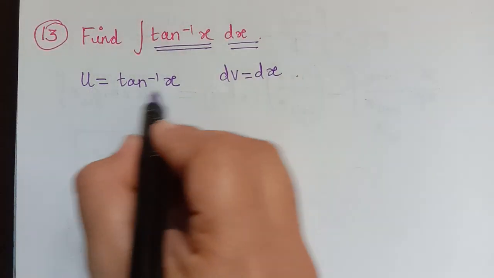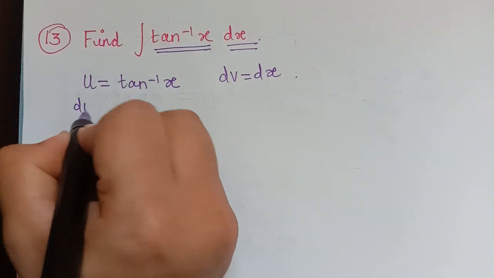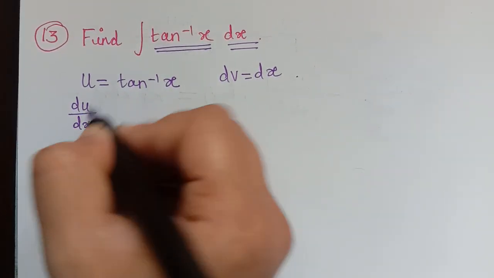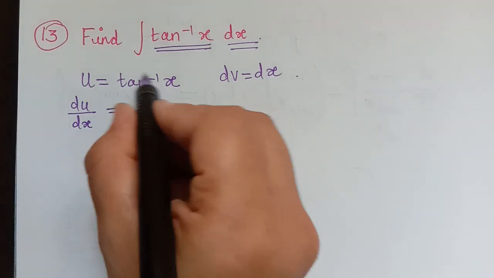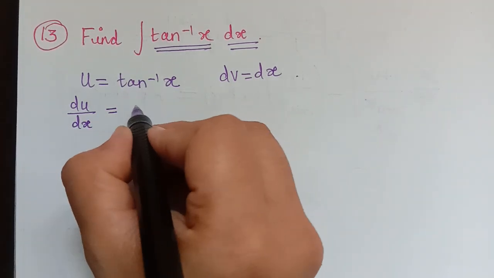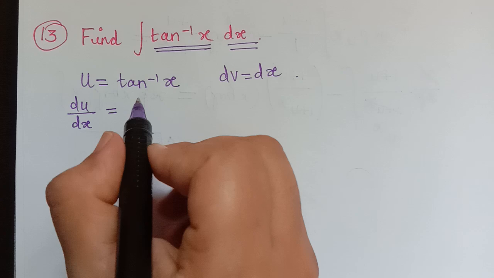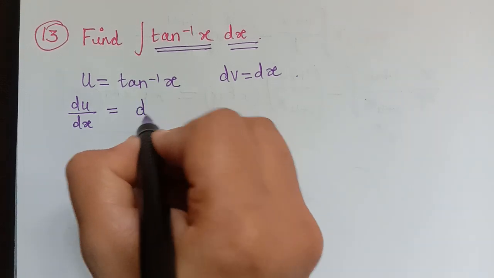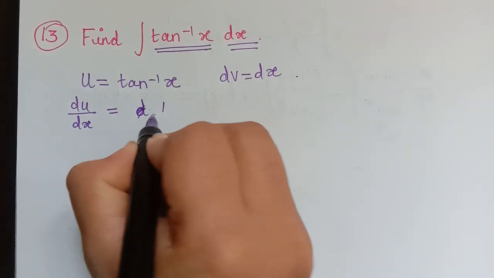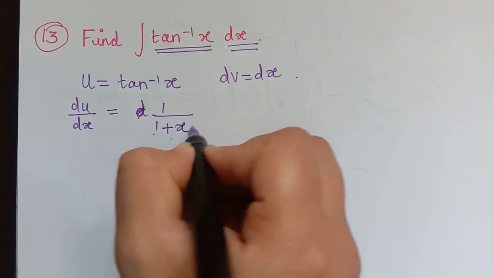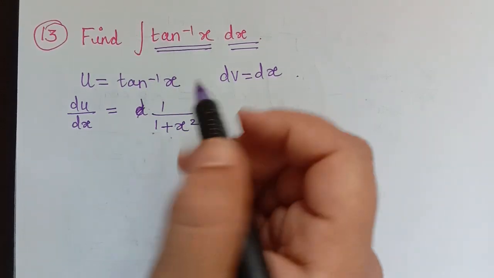And then we have to differentiate this u. So du by dx. So with respect to x we are differentiating. What is the differentiation of tan inverse of x? 1 by 1 plus x square. So that will be 1 divided by 1 plus x square is the differentiation of tan inverse of x.